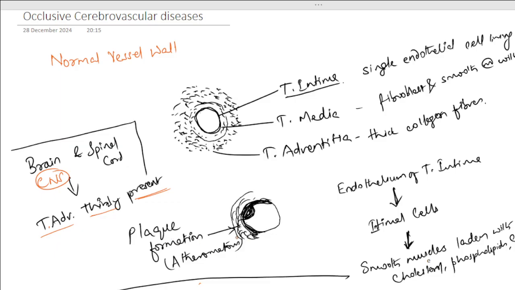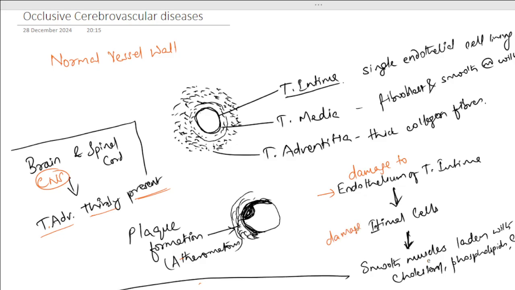And if you see the plaque formation, atheromatous basically, what is happening here? It actually starts causing damage to the endothelium of the tunica intima. I forgot to mention here.